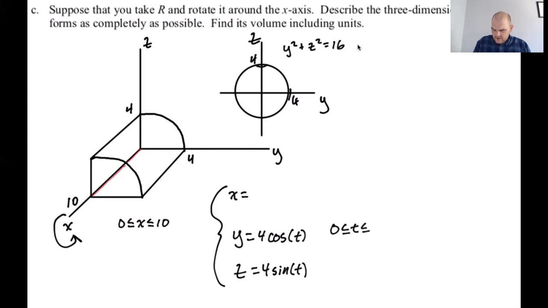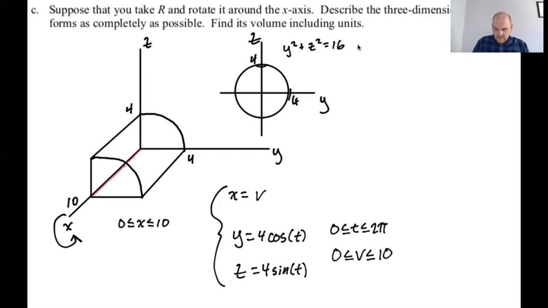If you play around with GeoGebra, it's harder to forget this part, because when you use the surface command, you have to tell it what t can be, and what v can be. I'm going to use v for my other thing. So v can be anything between 0 and 10, because x goes from 0 to 10. That's where I got 0 to 10. So these are my parametric equations for the surface, which is pretty cool.